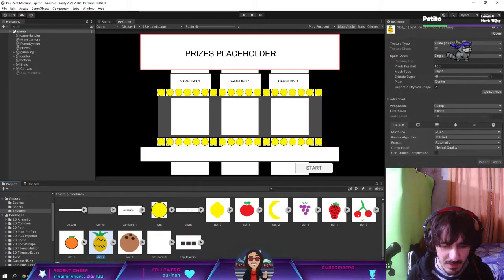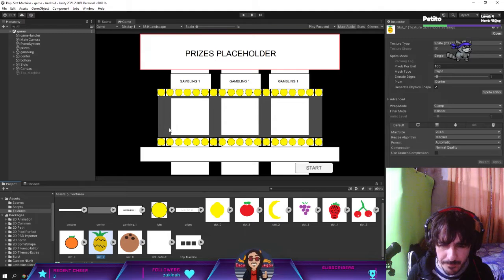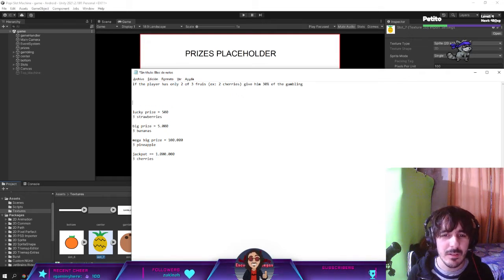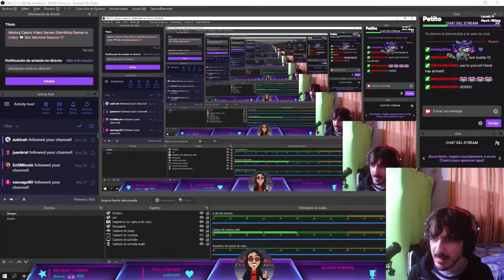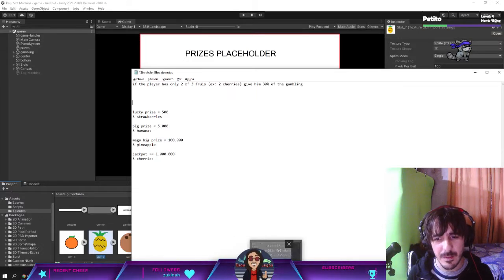I don't have them in order, so this can be bananas. Cherry, and this fruit name was strawberry. 3 strawberries will be this price. Okay, how much time? 10 minutes. Okay, I'm good with this.